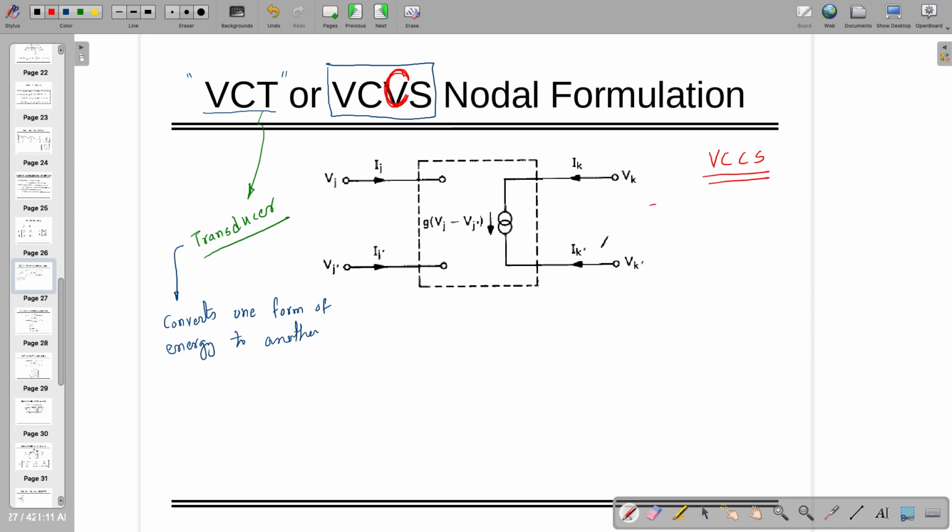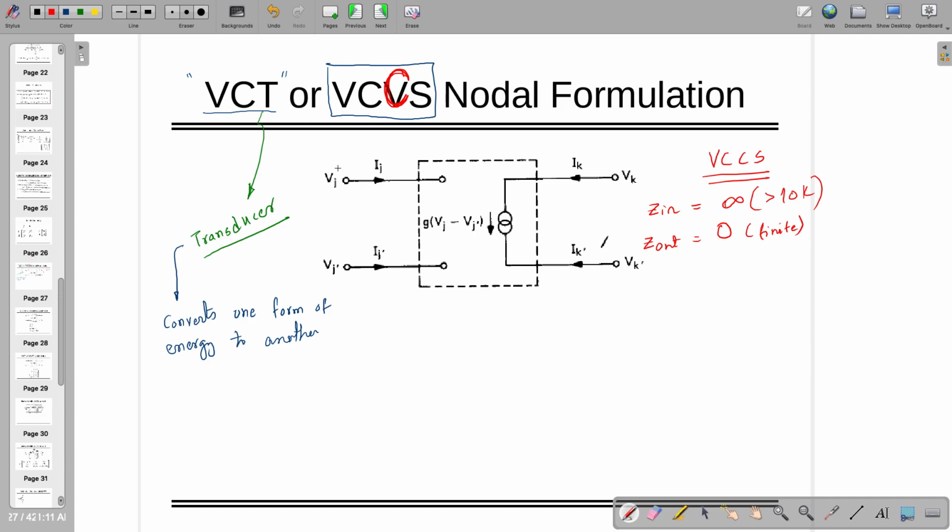What is the characteristic of a voltage controlled current source in terms of input impedance and output impedance? Infinite input impedance, and low, or zero, output impedance, or you can say some finite value greater than something like 10 kilo, 1 kilo, we'll call it a very high value.